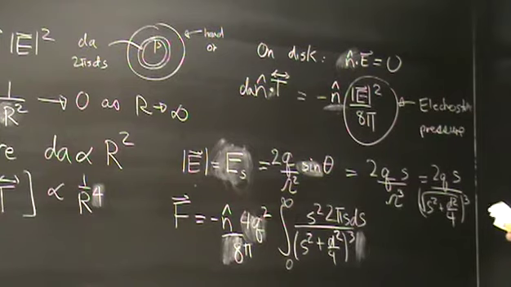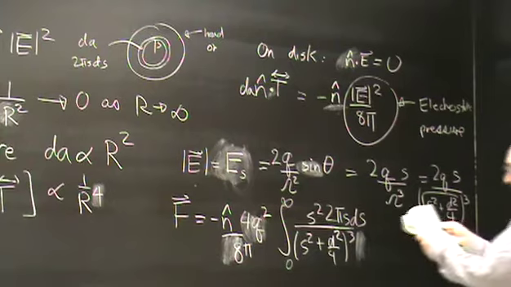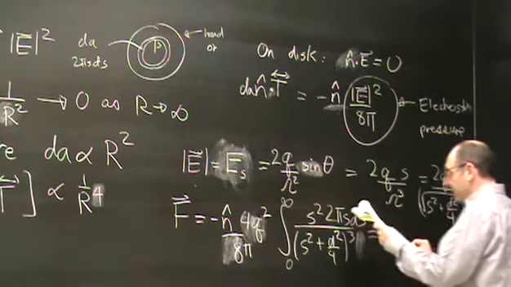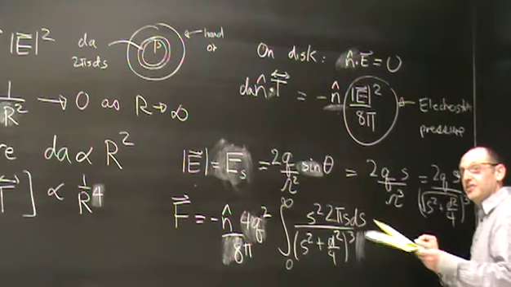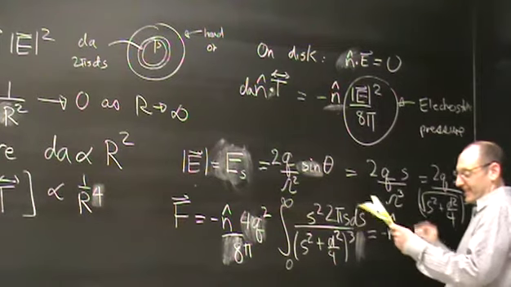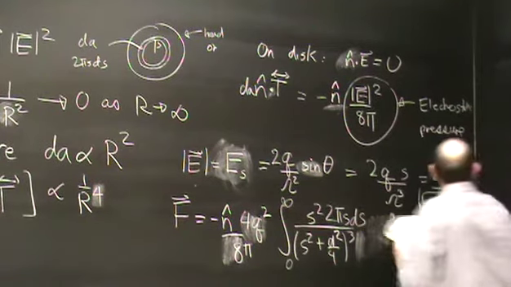All good. This integral can be done. I'm not going to do it. I'm going to use the magic oven here and just pull it out, just like Julia Child used to do. And write the answer over here.